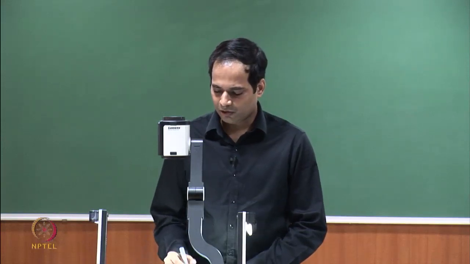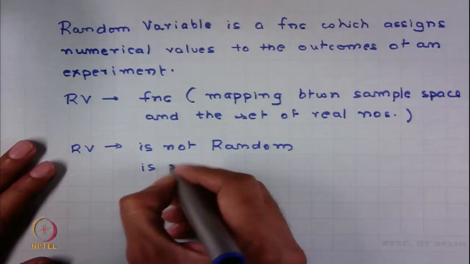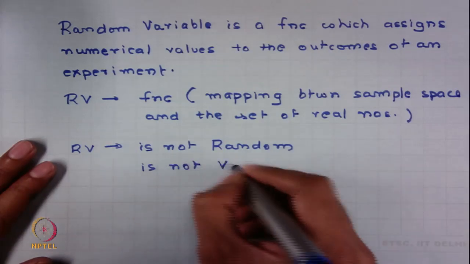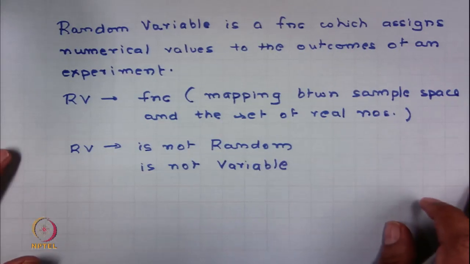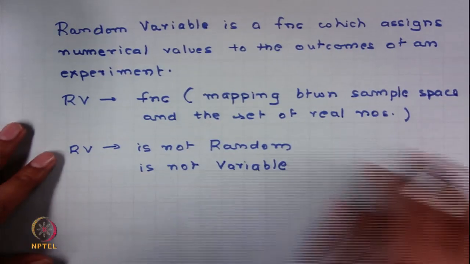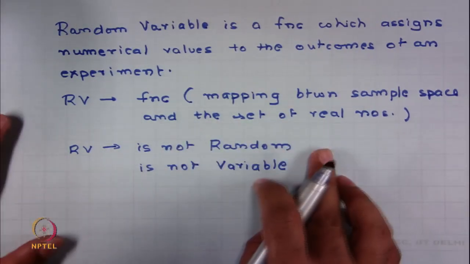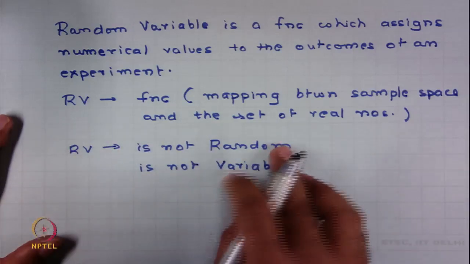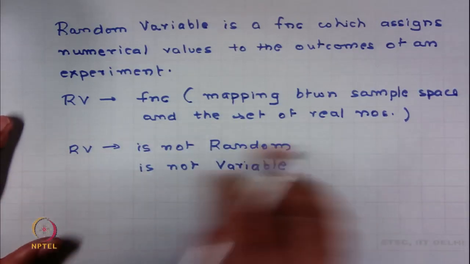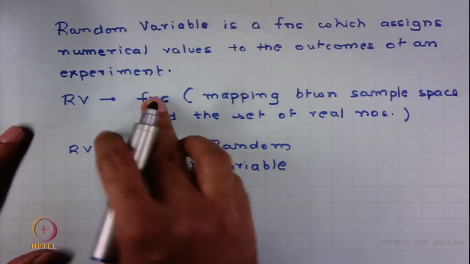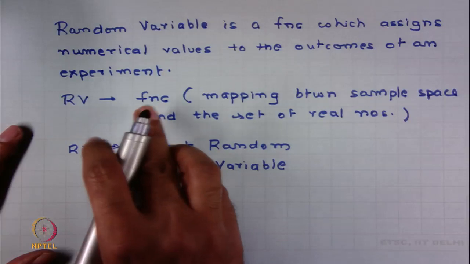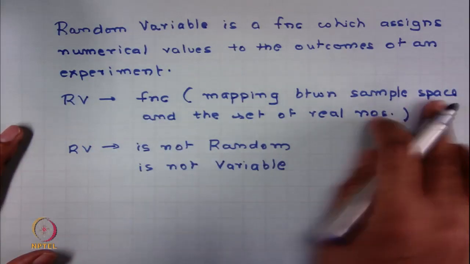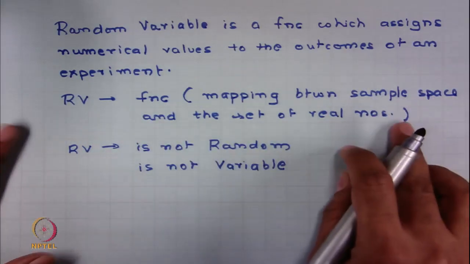So, random variable is not random and is also not variable. As you can see, we try to make things extremely complicated for you by giving a name which is not what the name suggests. It is a function, it is neither random nor variable, but it is a function which provides mapping between sample space and the set of real numbers.